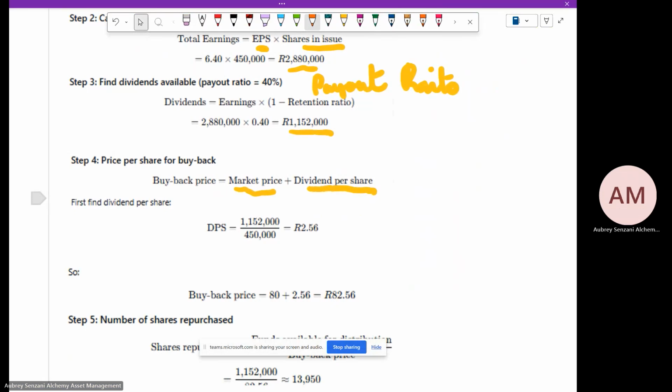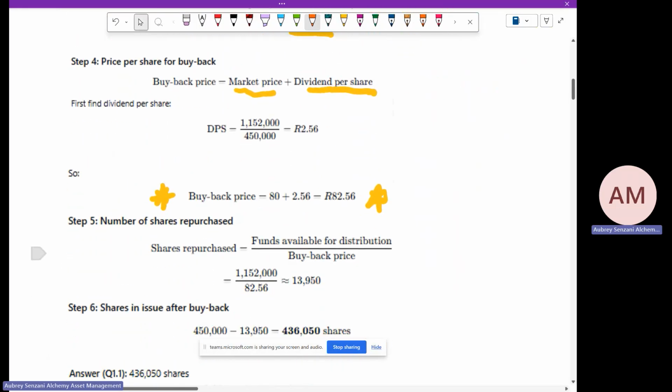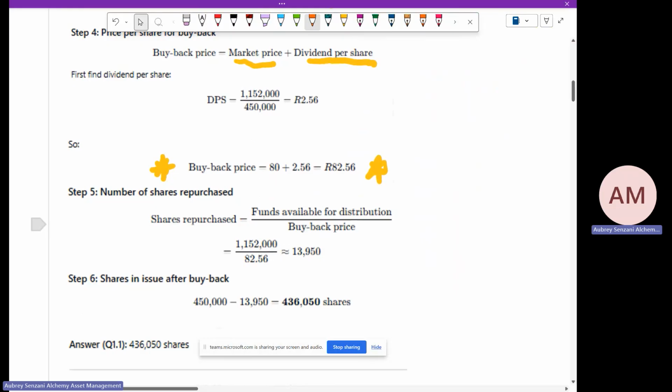So for every share, we're paying out 2 Rand 56. Now we complete our buyback price, which is the 80 Rand plus the 2 Rand 56. That's the price of our buyback.